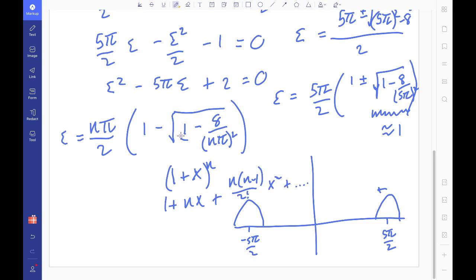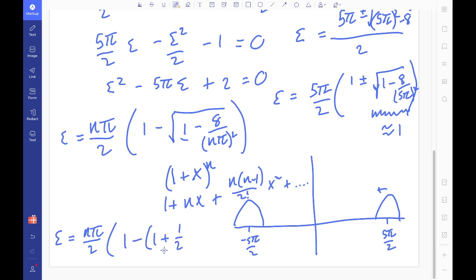So you could do this expansion here because we know that we're looking for larger and larger n to see what happens, and you will find that epsilon is equal to n pi over 2, times 1 minus, and then you're going to have 1 plus 1/2.